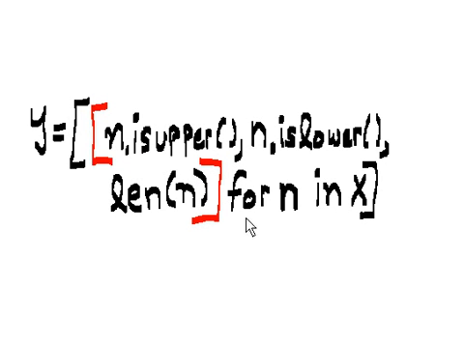Now, the outer part, for n in x. I want to know 1, 2, 3 pieces of information for n in x. These 3 pieces of information for every n in x.